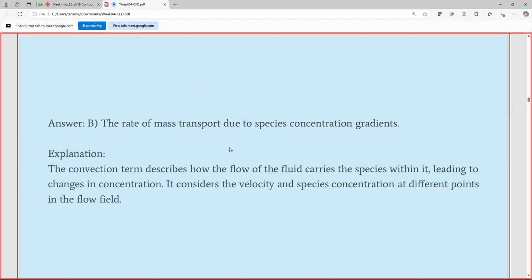As in normal CFD, the velocity of the flow carries our transport property, here in the species transport equation, the fluid flow carries the species with it, changing the concentration at specific regions.